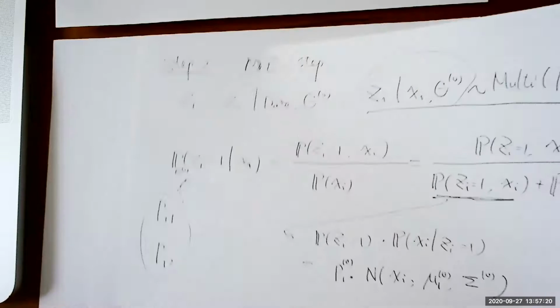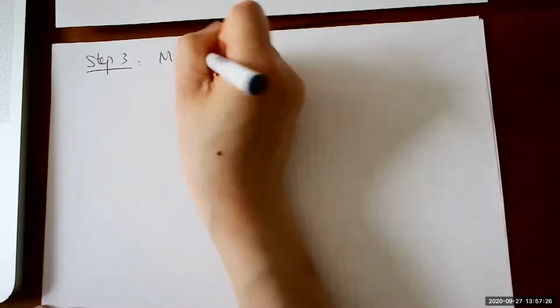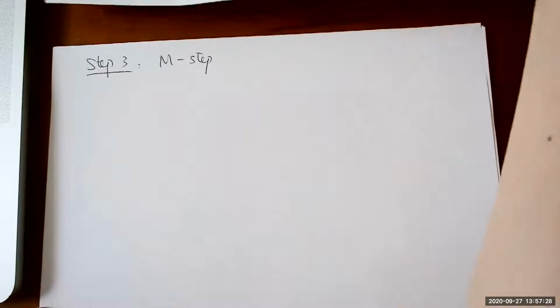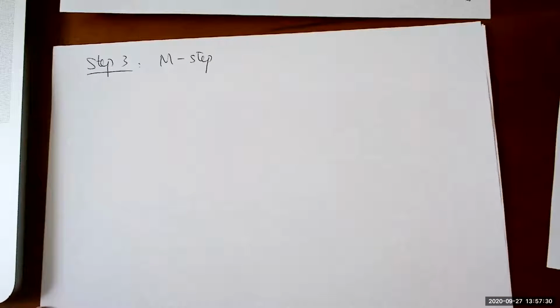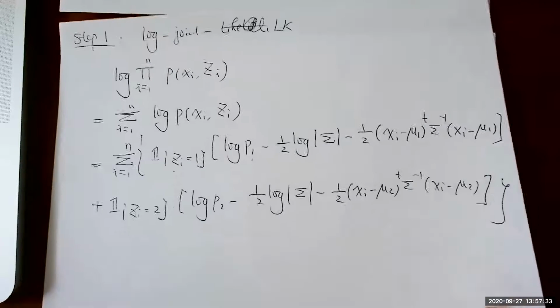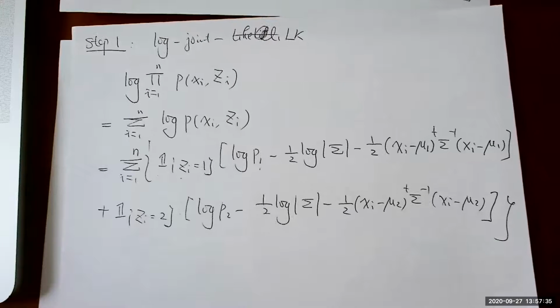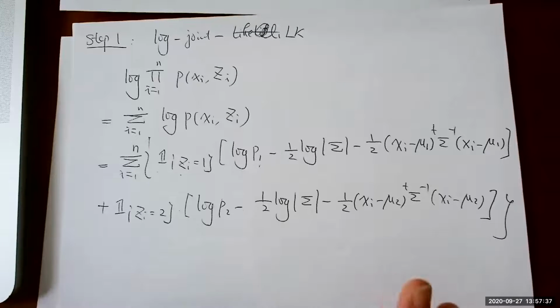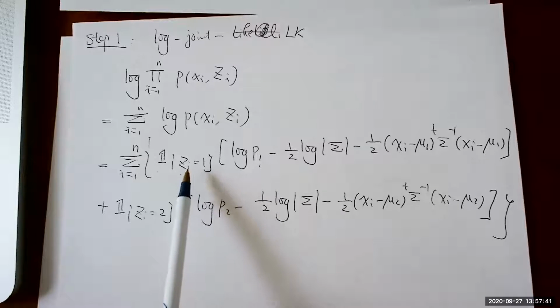And the next step is the maximization step. What is the maximization step? Remember, at the very first step, we calculated the joint likelihood. And at that time, I said we cannot directly optimize this because there's an uppercase Z involved.